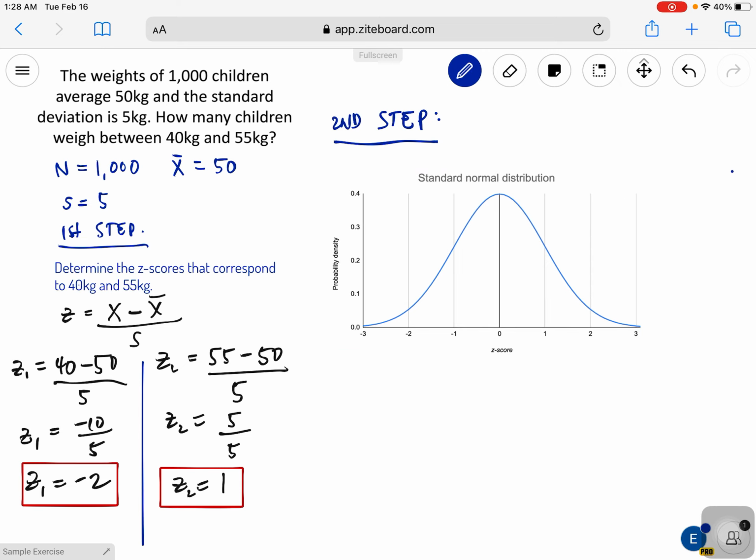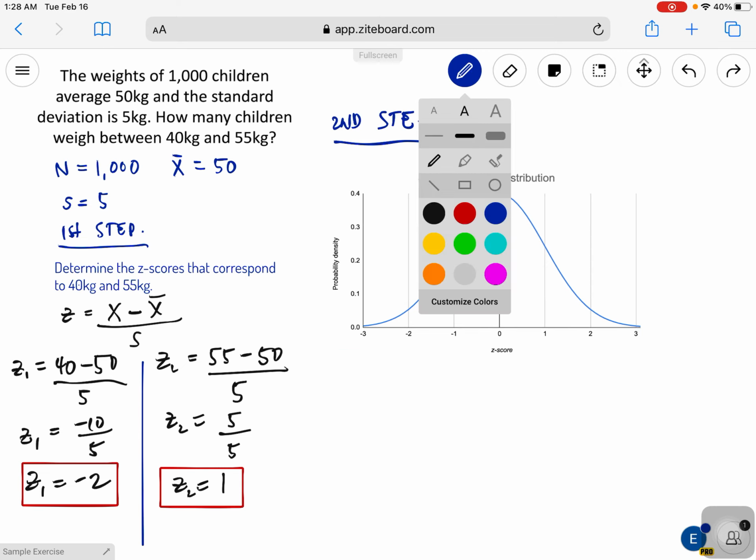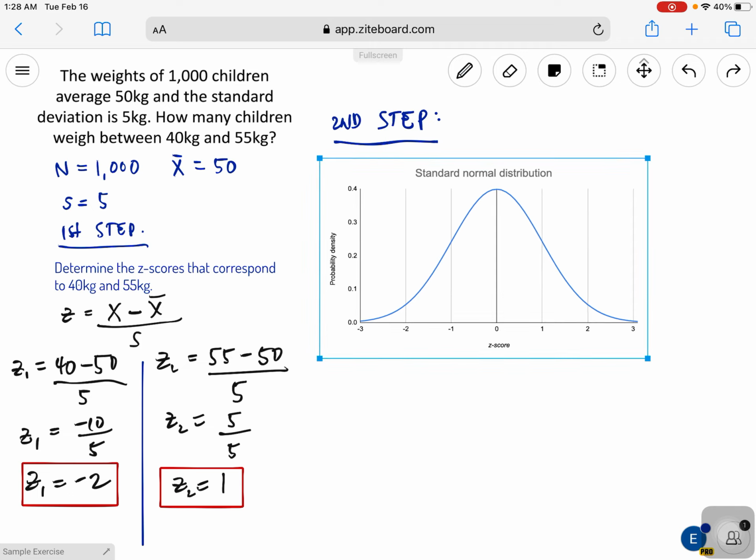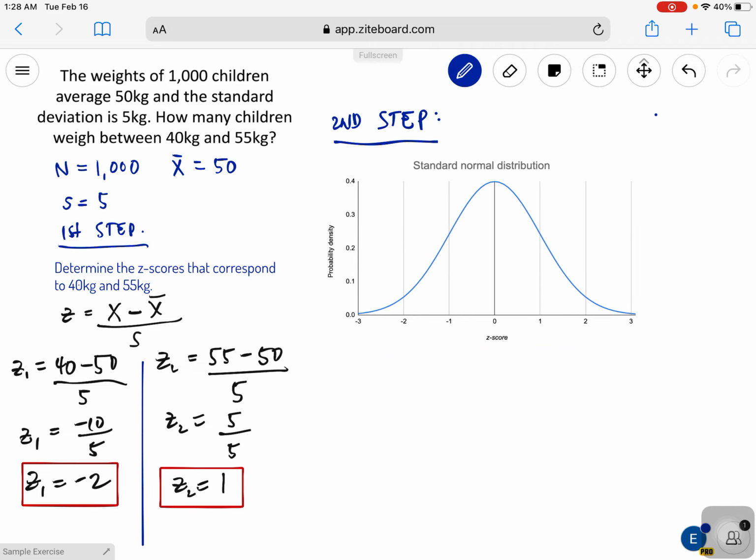So let's indicate the areas that we have here. It's negative 2 and positive 1. This is equal to our 40 kilograms, and this is equal to our 55 kilograms.